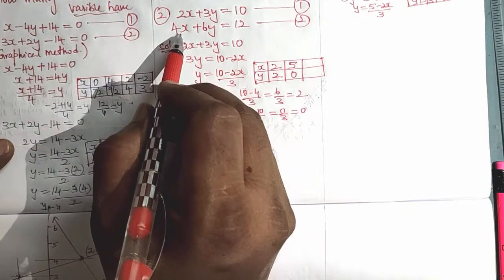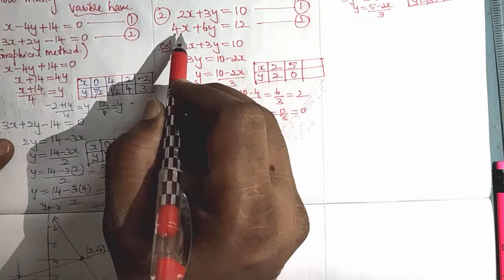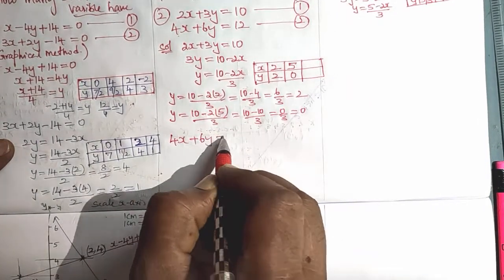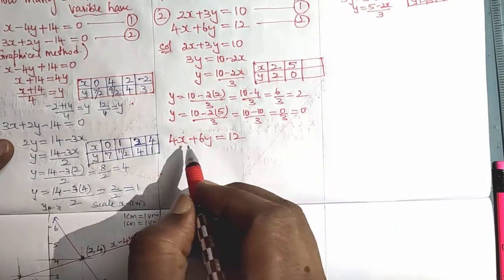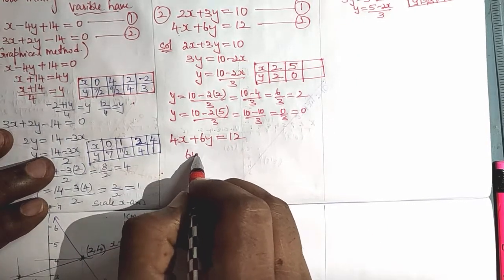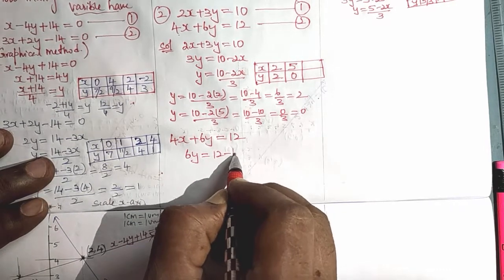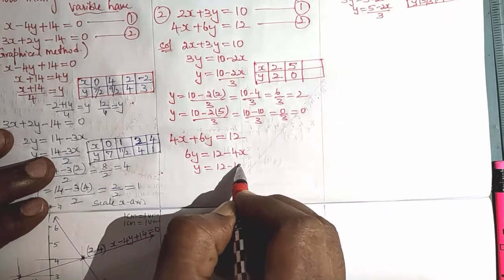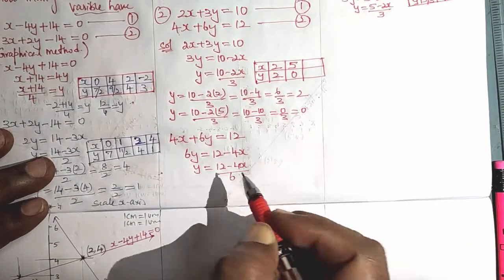Now another equation is also given here: 4x plus 6y is equal to 12. We can make any variable the subject here. So I will take 6y is equal to 12 minus 4x, y is equal to (12 minus 4x) by 6.